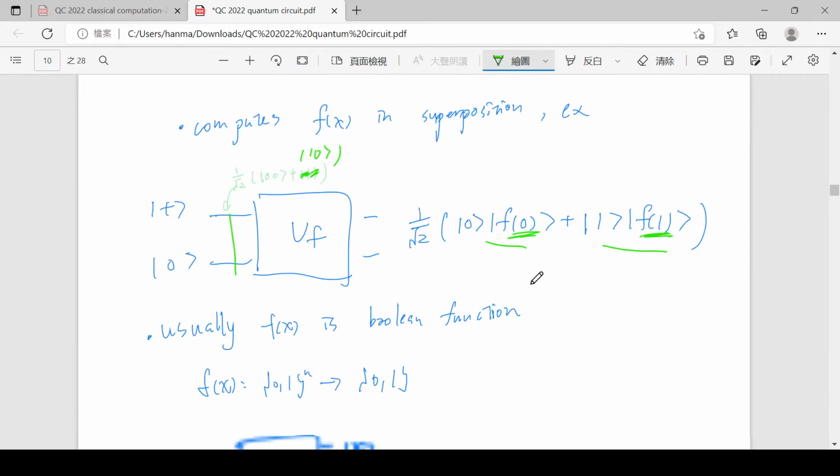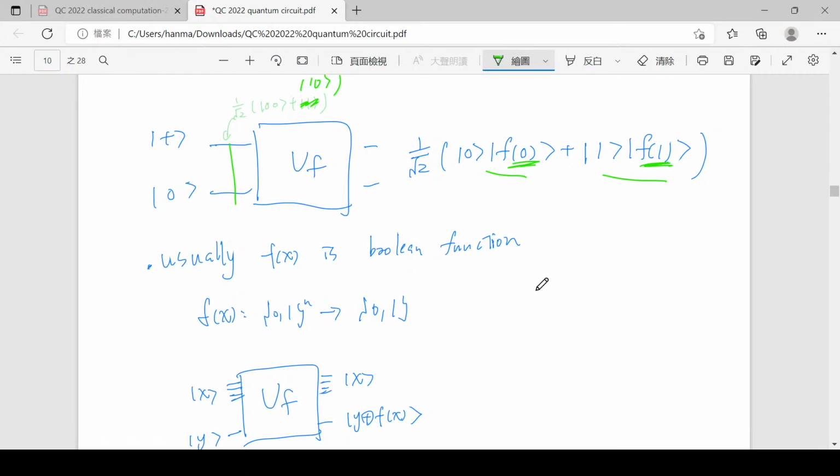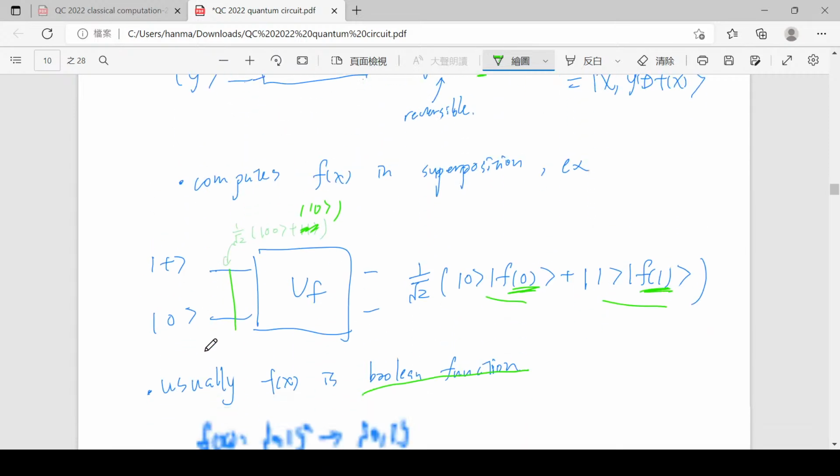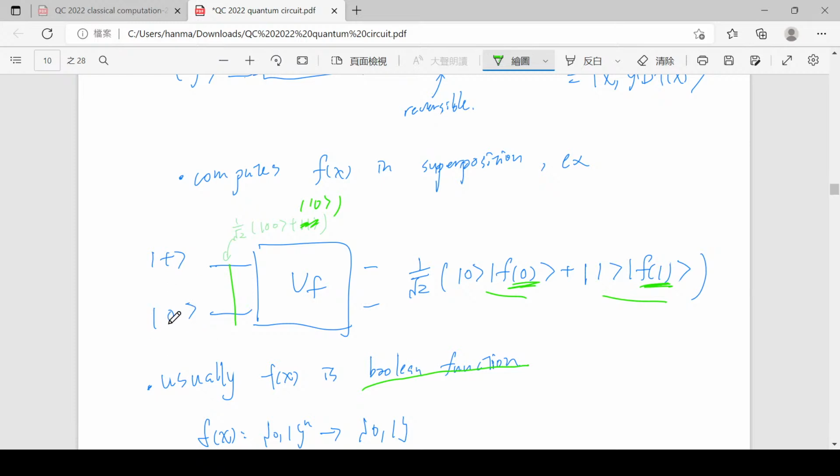And as we said, we basically restrict f of x to a Boolean function. Although this is not true at the end of this PDF, most of the time it's a Boolean function. For now, let's assume it's a Boolean function, so the second register is just 1 qubit, 0 or 1.